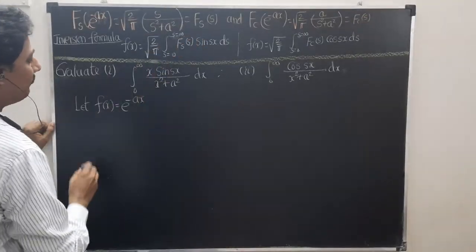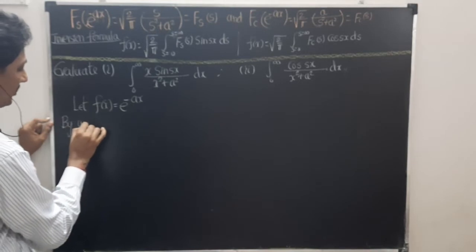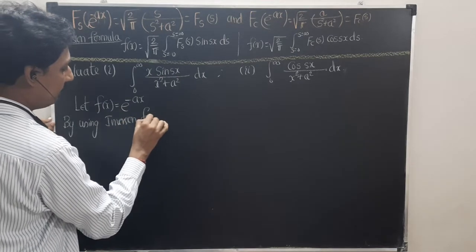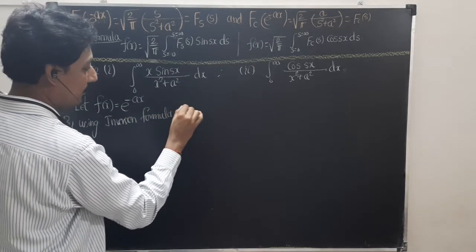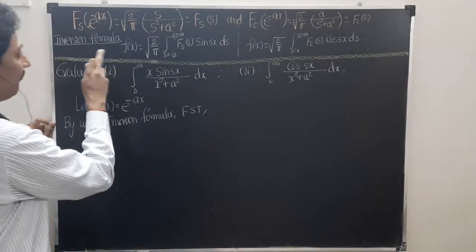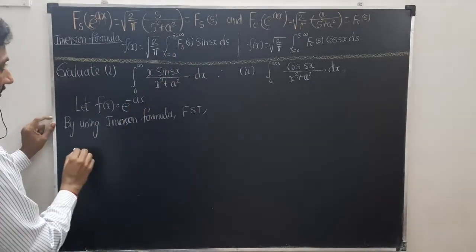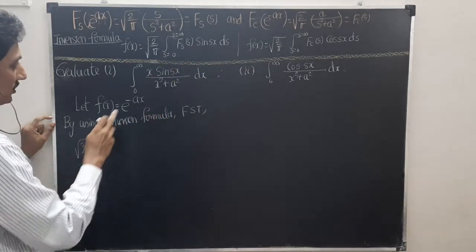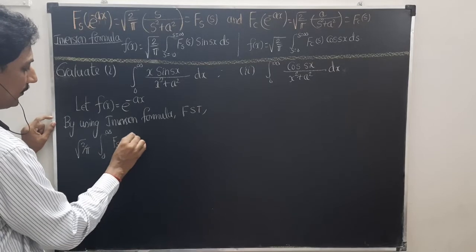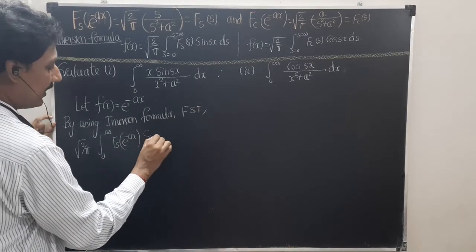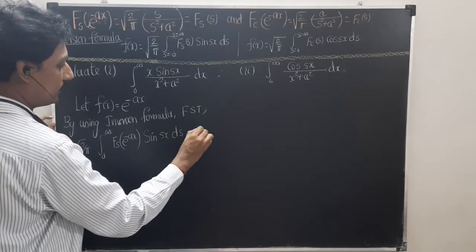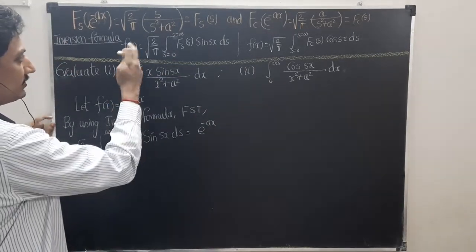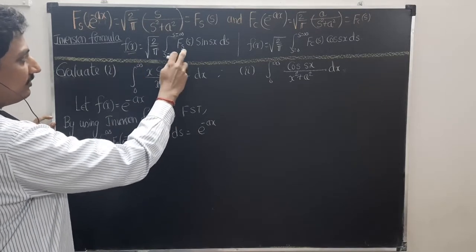Can I use the inversion formula? By using the inversion formula for the Fourier sine transform, f of x on the left hand side, and the right hand side is root 2 by pi integral 0 to infinity fs of s sin sx ds, equal to f of x, e to the power minus ax. I substitute f of x equal to e to the power minus ax. What is fs of e to the power minus ax?